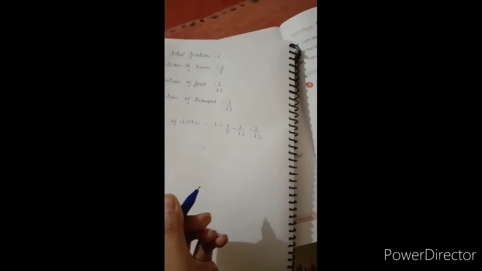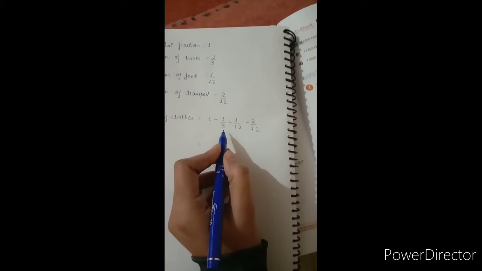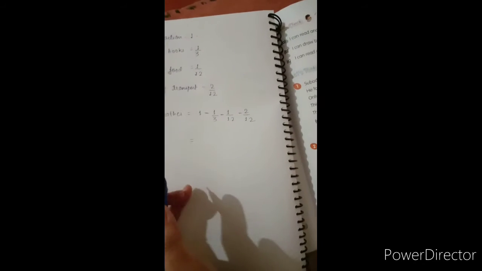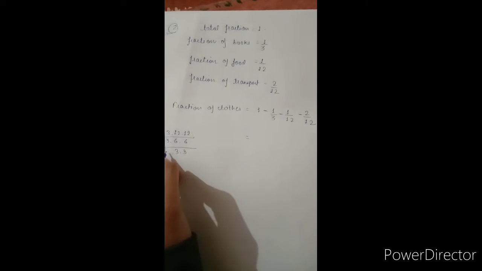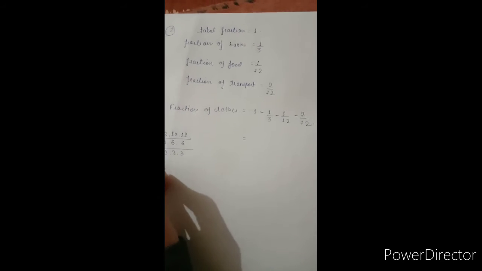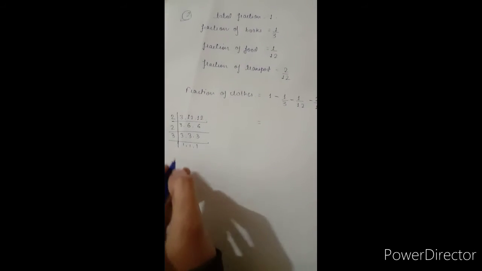Then the same method, means firstly we have to equate these denominators. So first of all we take the LCM of these three numbers, 3, 12 and 12. 2 sixes are 12, 2 sixes are 12, then 2 threes are 6, and 2 threes are 6, then 3 1 1 1. I hope you know this method of finding LCM.